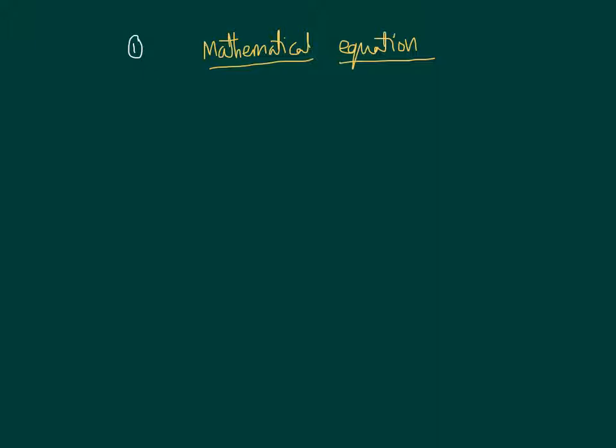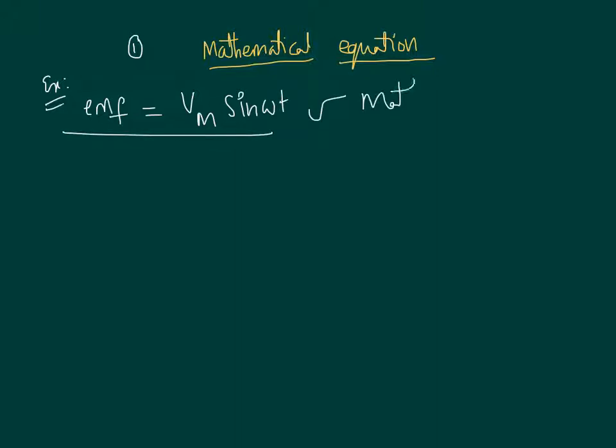We already derived the EMF equation. We will take an example as EMF equation: e equal to Vm sin omega t. This is the mathematical representation.